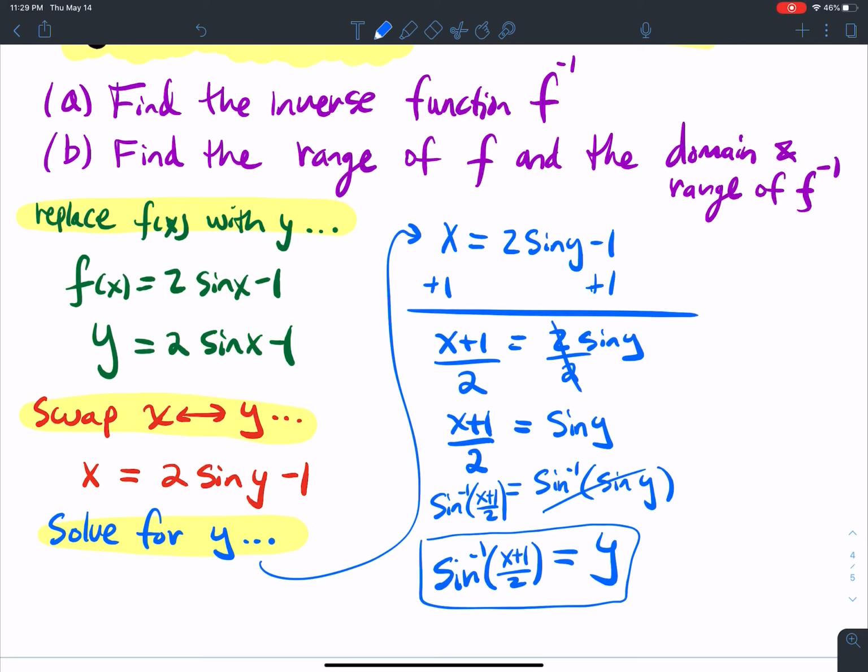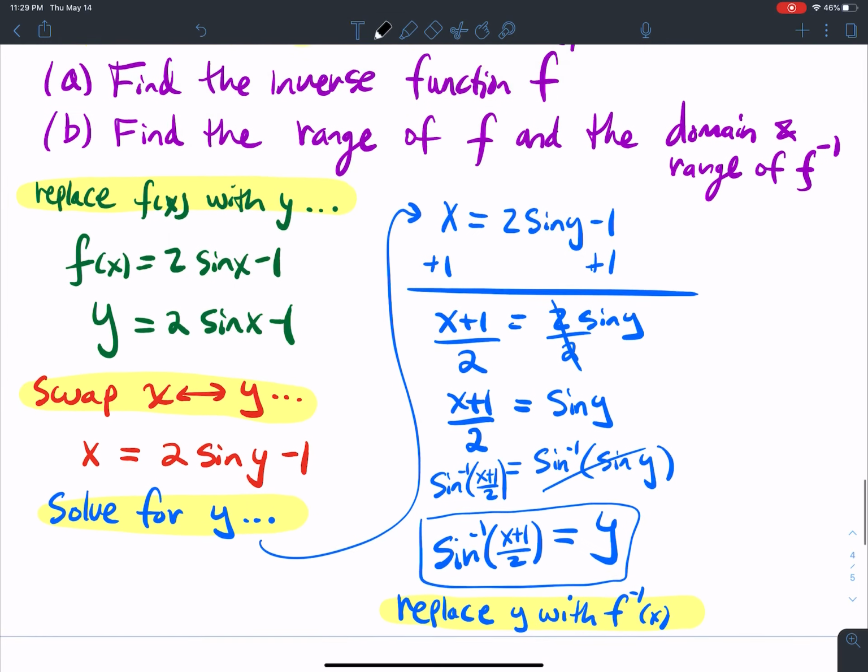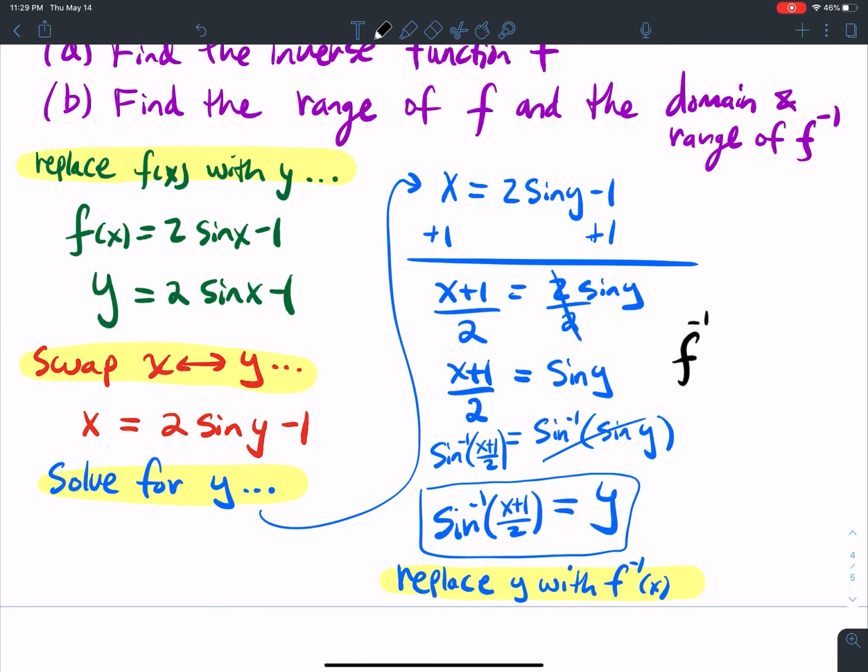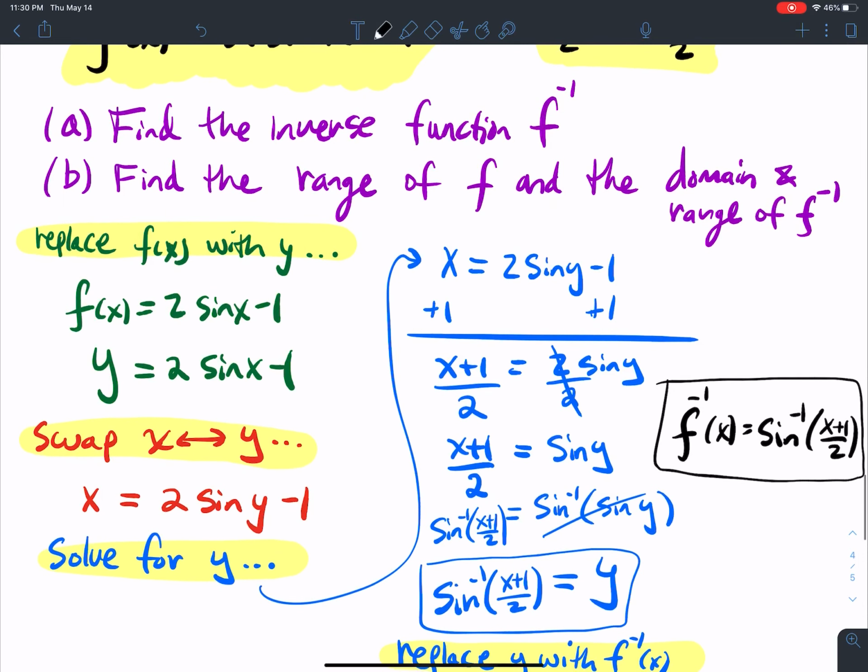Now the last step: replace y with f inverse of x, and you have your answer. So my answer, f inverse of x is equal to sine inverse of x plus 1 over 2. That is the inverse function for what I started with, 2 sine x minus 1.